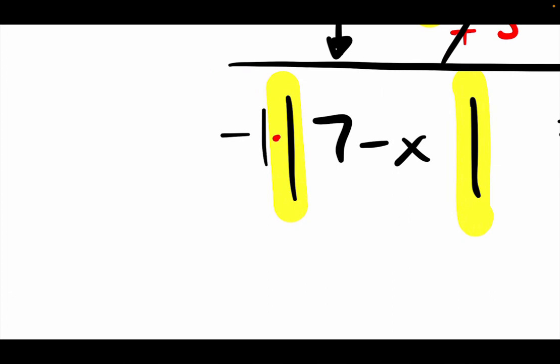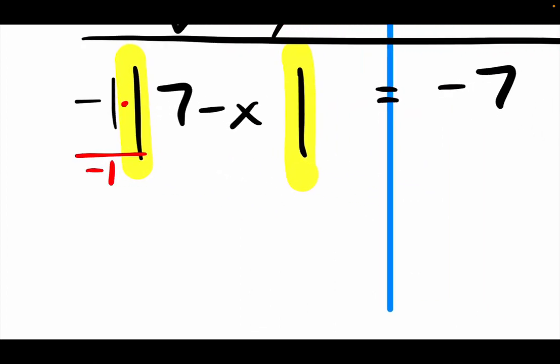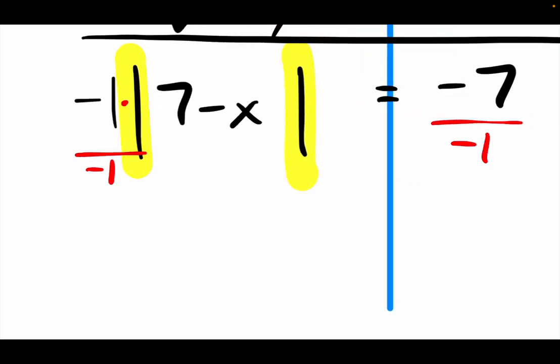Divide. So since it's multiplication, we're going to divide. -1 divided by -1 makes +1. So there's still a 1 out here. It's still a 1, but it's positive and we don't have to write it.